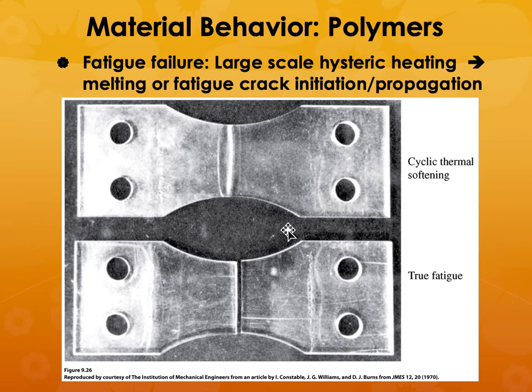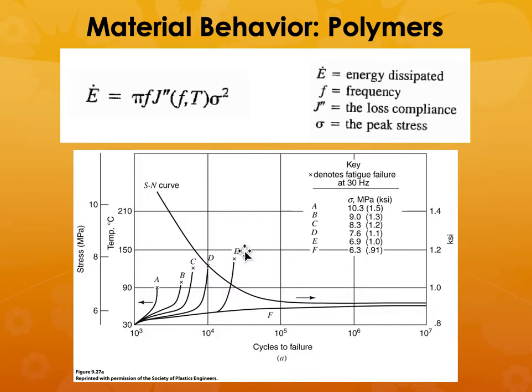There could be some local heating taking place, and that can lead to cyclic thermal softening and improved fatigue life. But suppose it is only true fatigue, it can break in a catastrophic manner for polymers. It's a very complicated behavior for polymers and fatigue. Okay, so that's all you need to know.